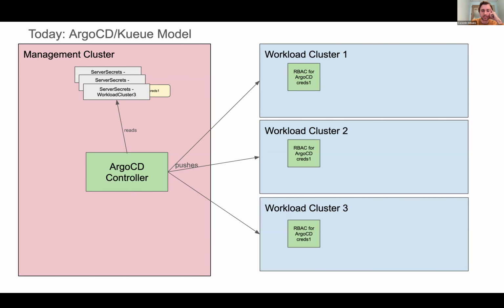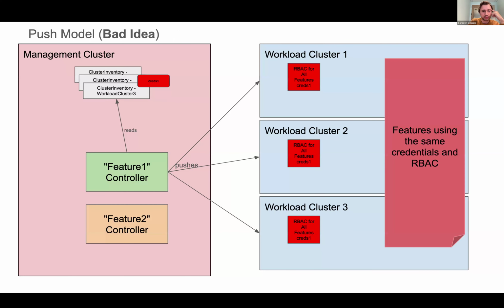So now we get into these things like, I think I was trying to generalize the Argo CD part and getting into defining a multi-cluster controller, aka feature, what I'm calling them. I'm like, oh, if I keep the credentials here, it's fine for a feature. I can write RBAC, but then as soon as I get a second one, I was like, ah, it's like, I need potentially different credentials.